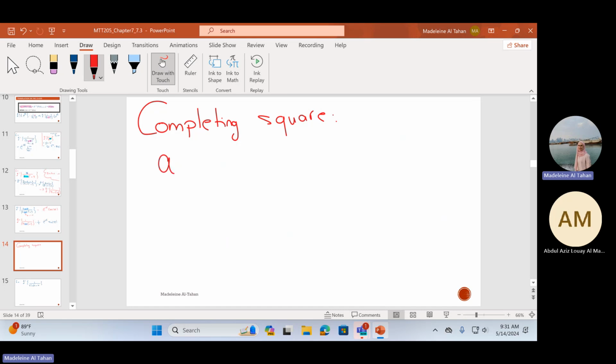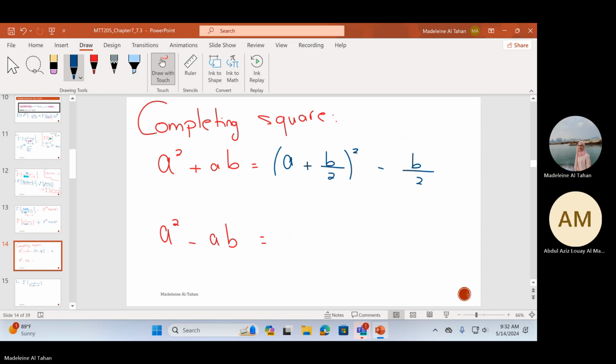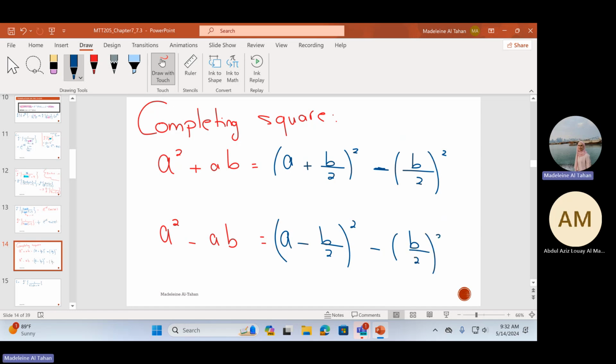So if we have a squared plus ab, how do we complete the square? And a squared minus ab, how do we complete the square? A squared plus ab is (a plus b over 2) squared minus (b over 2) squared. And this one is (a minus b over 2) squared minus (b over 2) squared. Write these down. Try to use them in the next exercise to find the inverse.